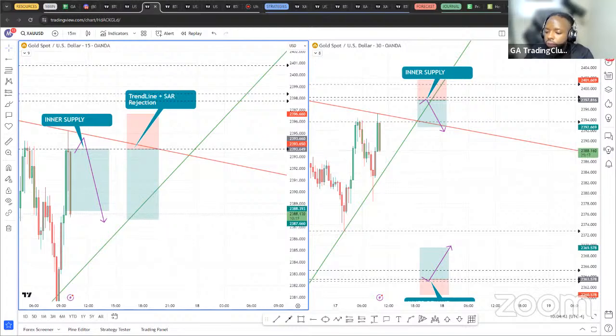BTC, nothing for BTC with the rejection. Nothing for BTC with the sells. US 30 on the hourly, nothing here.